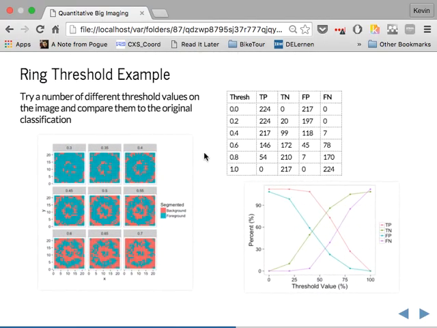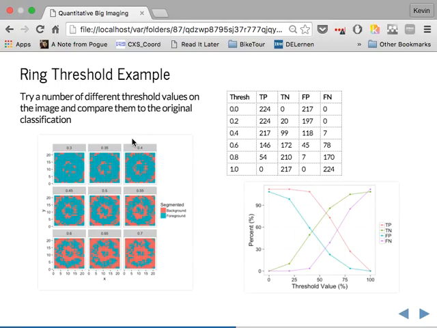And so now what we can see is we can try a number of different threshold values, ranging from 0.3 to 0.7, and then we can count the number of true positives, true negatives, false positives, and false negatives in each case. And so what we see on this graph is how those values change as we change the threshold value.